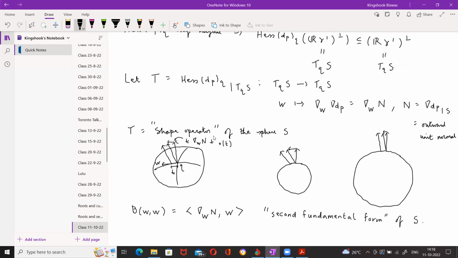So this is the quadratic form associated to the self-adjoint shape operator.